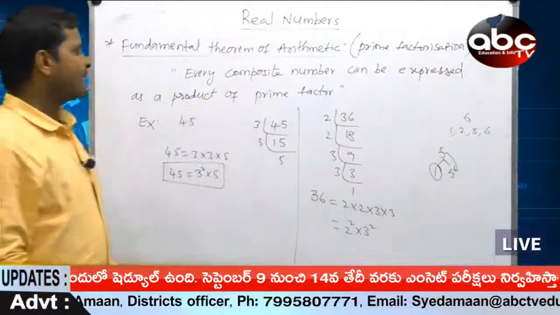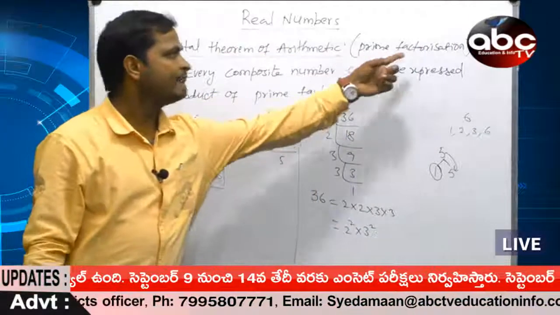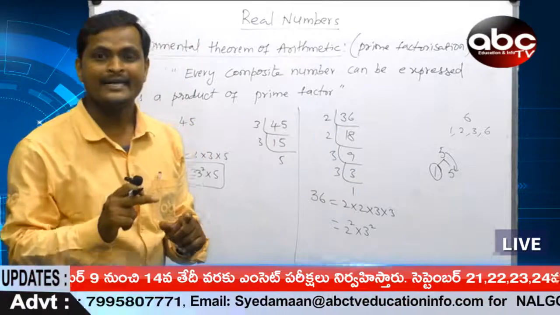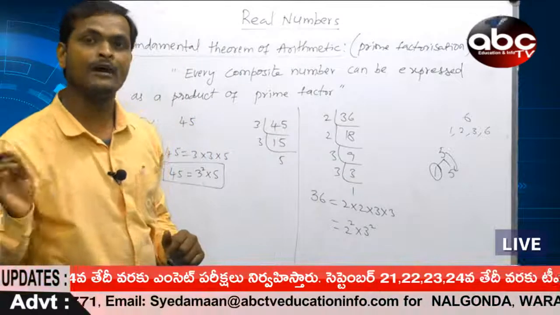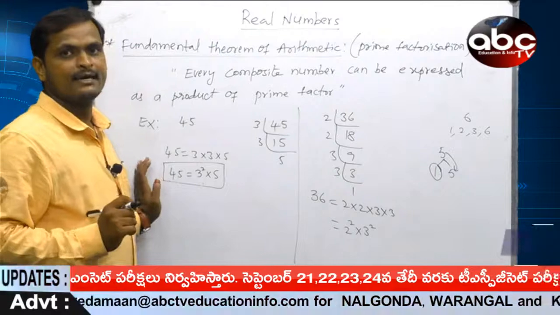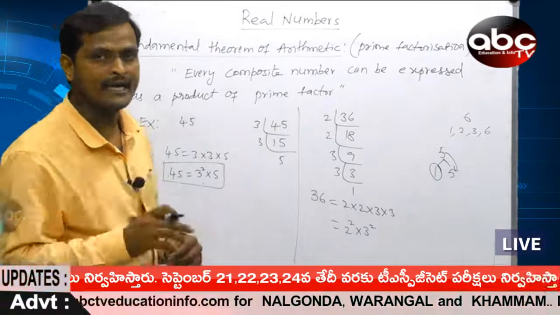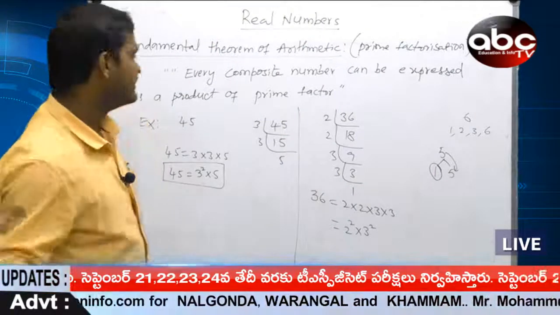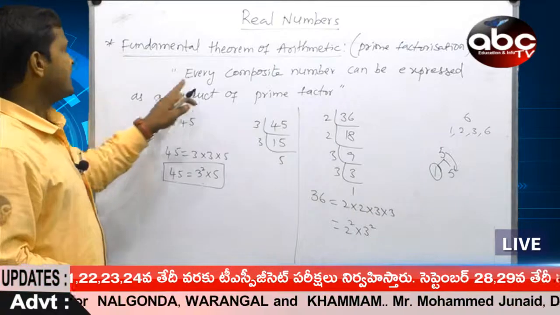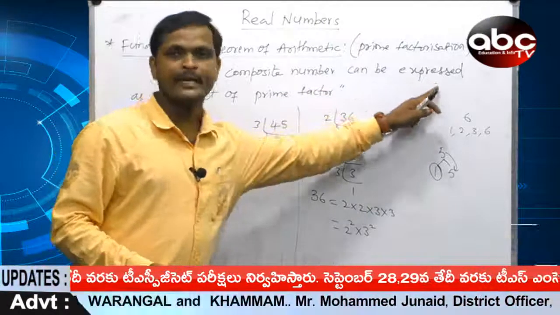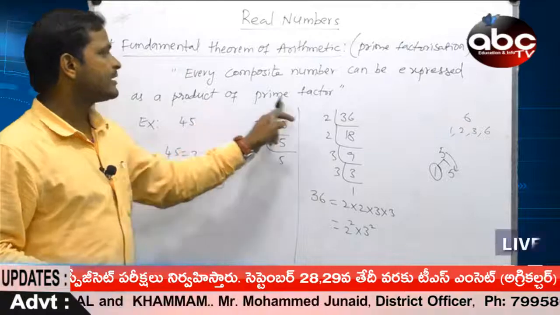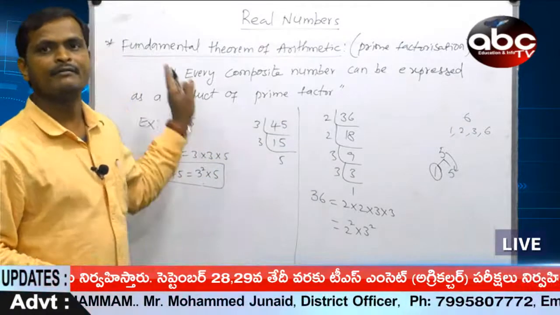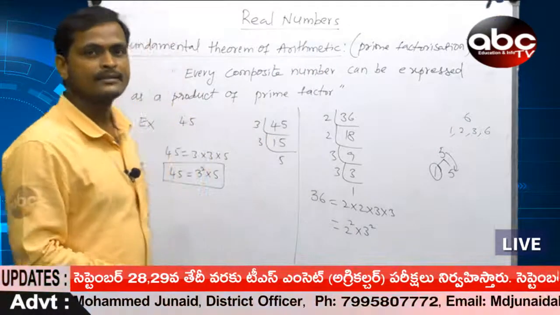Okay students, by using this prime factorization method, let's see how to find LCM and HCF of given integers. Is it clear, students? Every composite number can be expressed as a product of prime factors. That is the fundamental theorem of arithmetic.